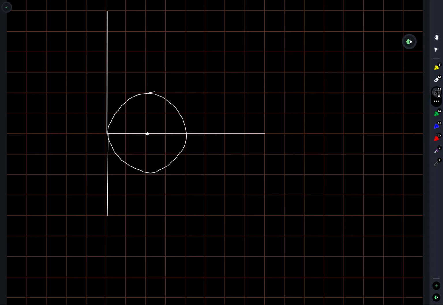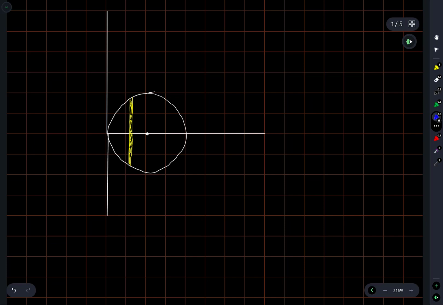Okay, so my first thought is let's think about a slice of this circle. So a piece of the circle like this, an infinitesimally thin rectangle.